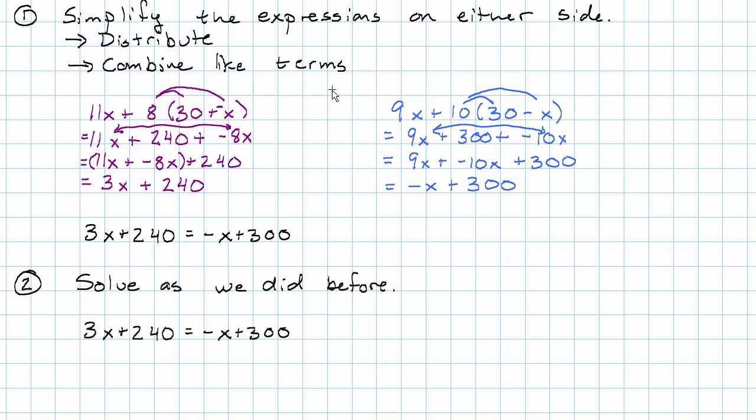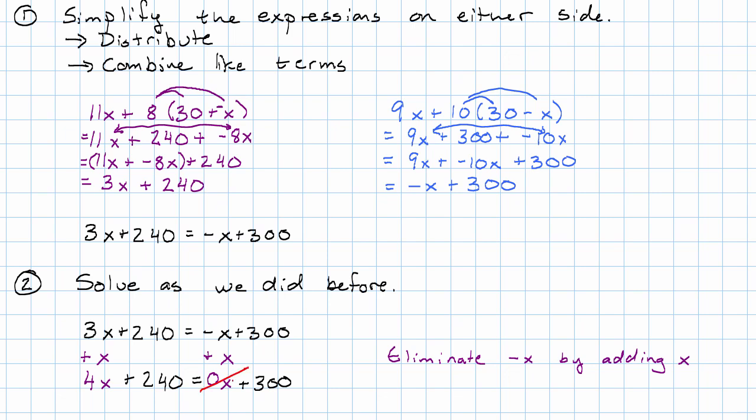First, I want to eliminate this negative x term by adding x to both sides. So on the left I have 4x plus 240. On the right I have 0x plus 300.